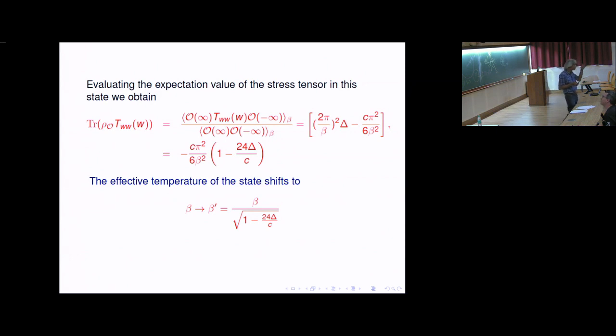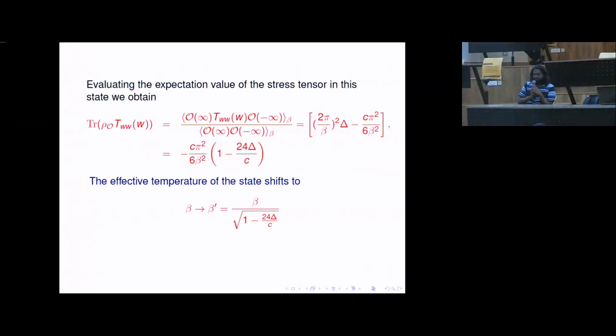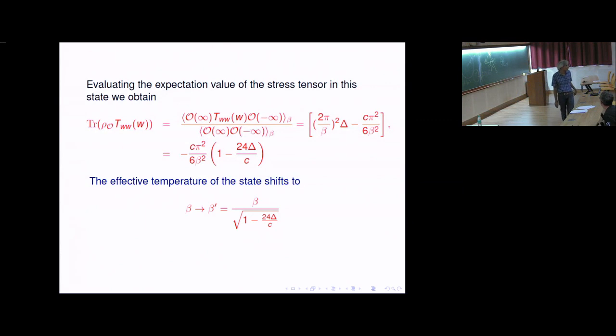If you evaluate the Schwarzian, it should be just the positive pressure, right? Yeah, but if you evaluate the Schwarzian, it comes out to be minus. You can try that. It comes out minus C by pi squared. It's like the ground state energy. Yeah, but it's in Euclidean. If you transform to Minkowski, you get the plus energy.